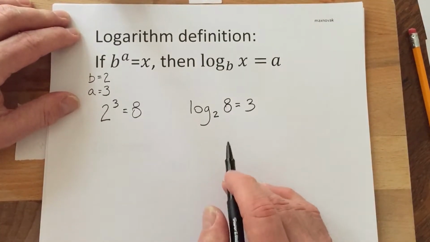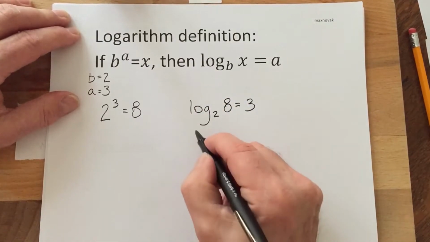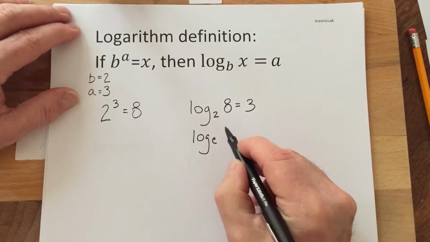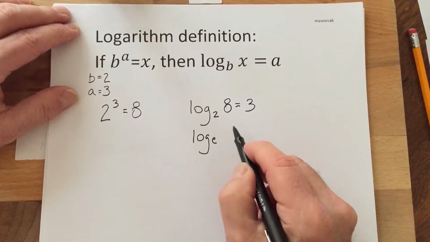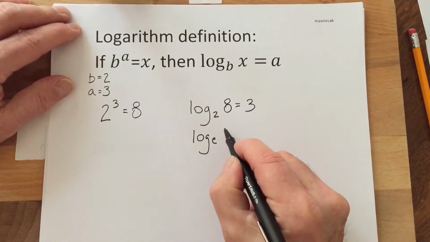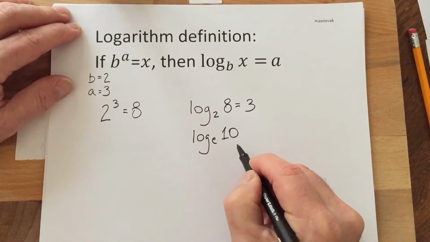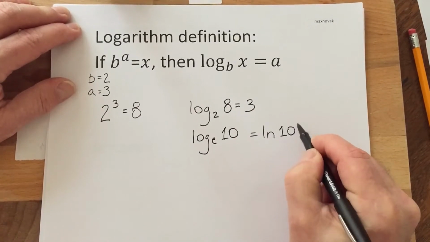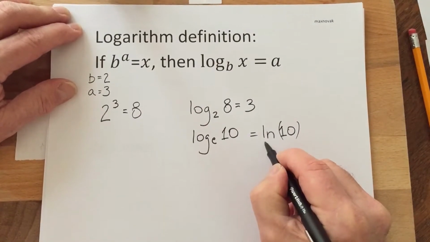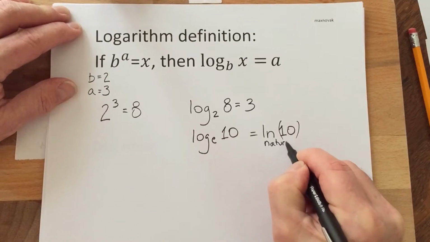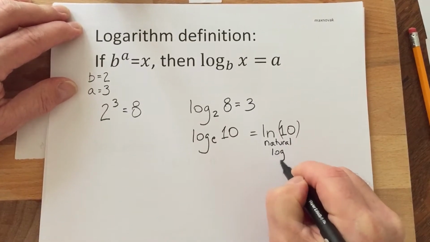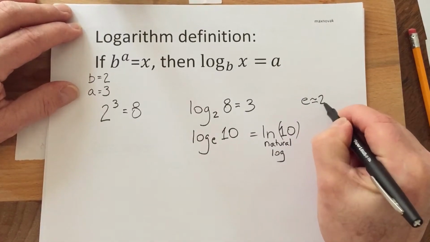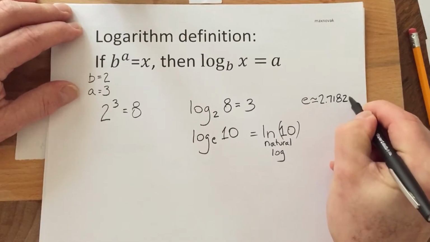Now, similarly, you may have a log base e of a particular number. Let's say a log base e of 10. That's also known as the natural log of 10. So the log base e, and e is approximately 2.71828.